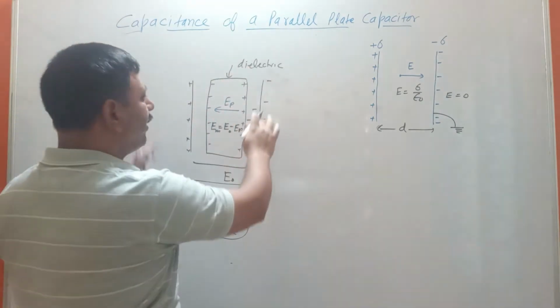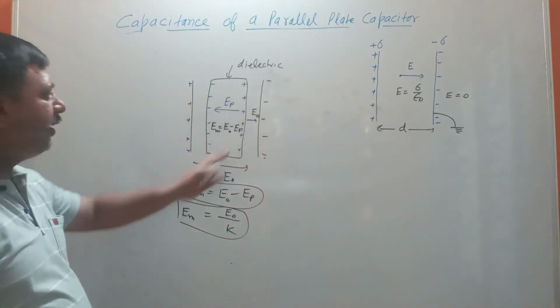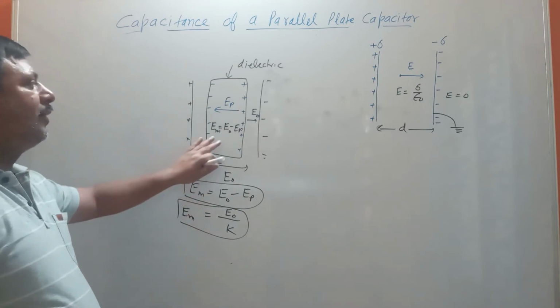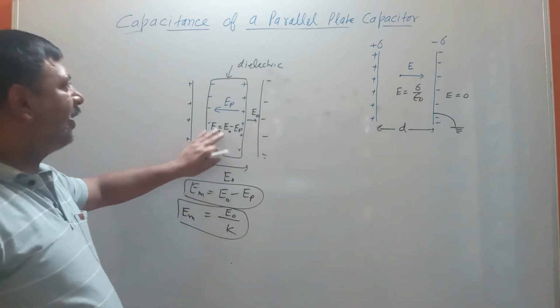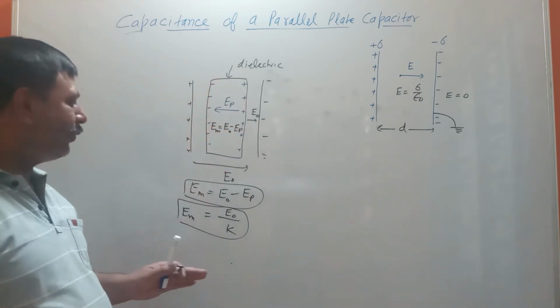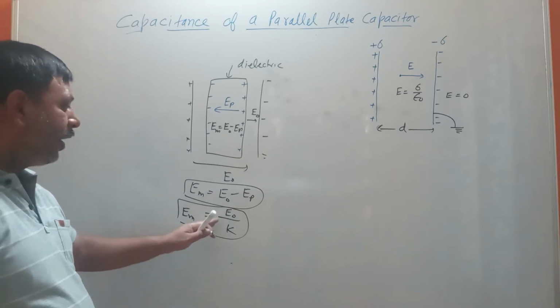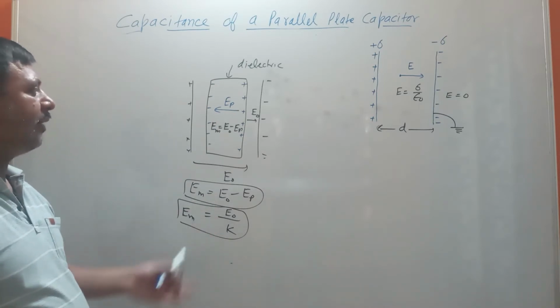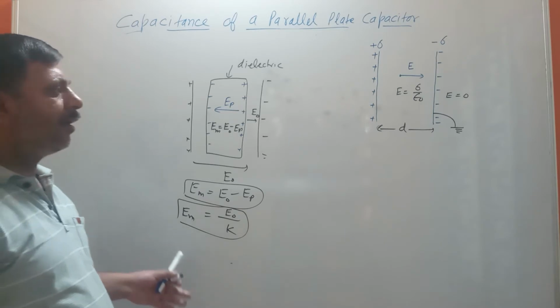If the external field is E naught, then the field inside the dielectric is reduced by 1 upon K times the external field.